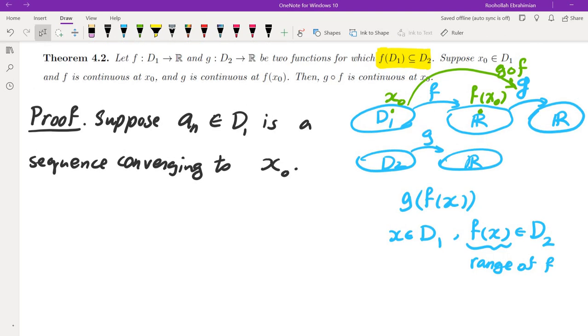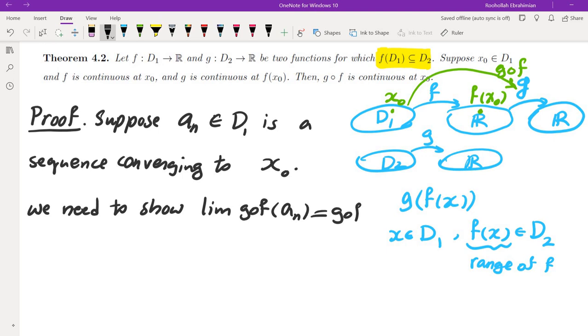Now I need to show the limit of g o f of a_n is g o f of x naught as n approaches infinity.